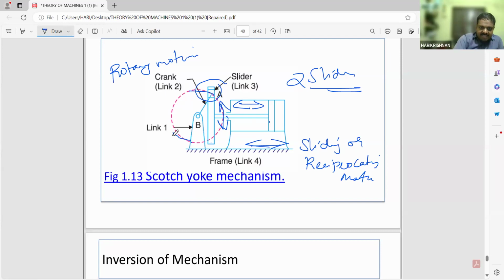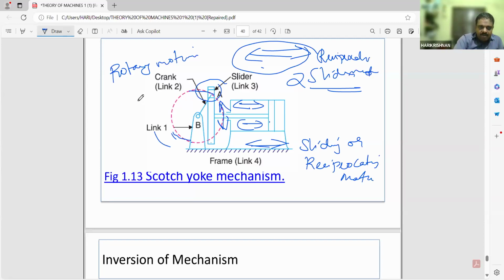When this crank rotates, the slider moves together with the crank, and the slider inside the slider bar moves up and down, which takes the piston cylinder mechanism to the left and right. What is this direction known as? Reciprocating motion. So whatever rotary motion you apply over here is converted into reciprocating motion. This is another inversion of the double slider crank mechanism.